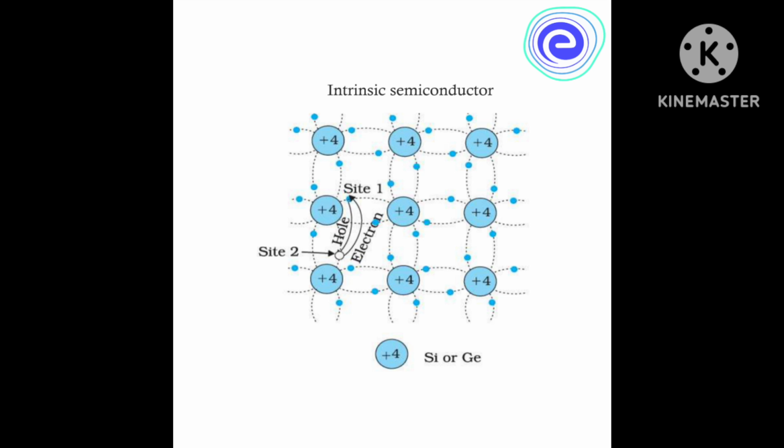In these compounds, the bonds are not perfectly covalent. Again, an important thing: in the last class also I discussed this imperfectness, for ZnS, cadmium sulfide, cadmium selenide, mercury telluride. In these compounds, the bonds are not perfectly covalent.